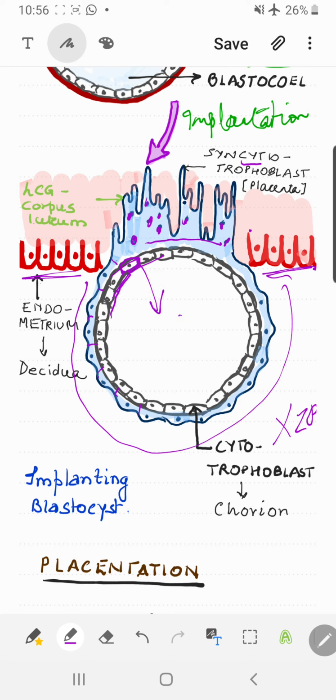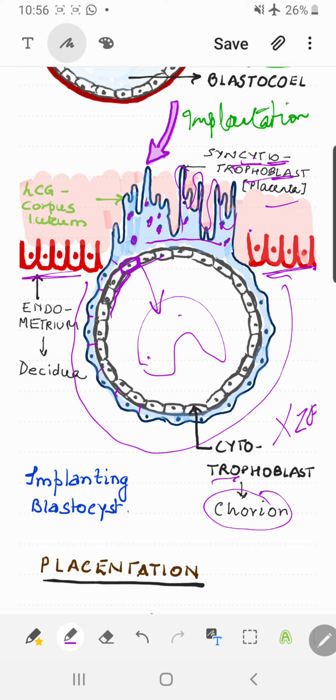The inner one is cytotrophoblast, the outer one is syncytiotrophoblast. Cytotrophoblast forms the chorion so that the inner embryo, the inner fetus, could be protected, and syncytiotrophoblast forms these villi so that placental formation could be worked out. Right, children? I hope this much is clear.